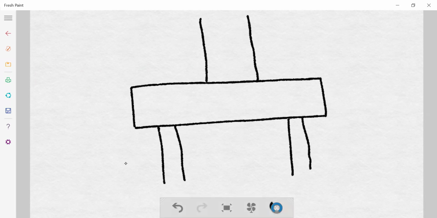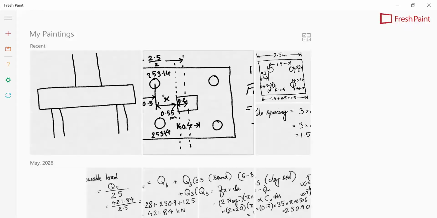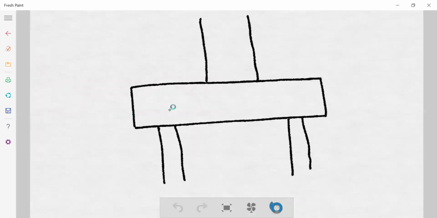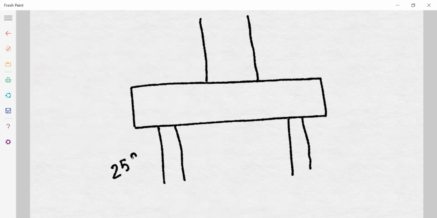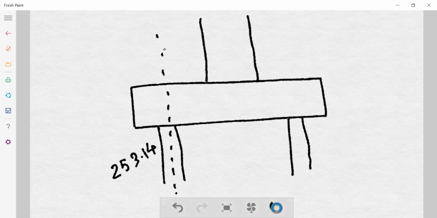This pile has that load, 253.14, going through the center of the pile, and this distance is 0.55. From the front view we can only see one pile here, but there are actually two piles. The other pile we cannot see because it is on the back side.